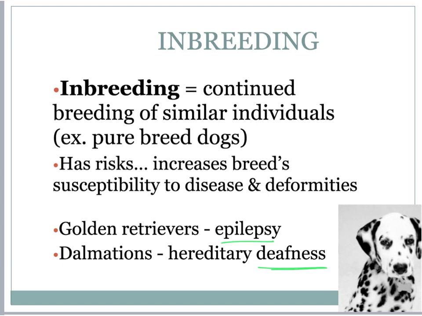So continual breeding of similar individuals. This could happen in people. We have examples of, I think, the Russian ruling family years ago. Since there was so much inbreeding within the royal family, and even European royal families hundreds of years ago, they didn't have a lot of genetic diversity. So things like hemophilia were very common because they didn't have mutations to mask that.